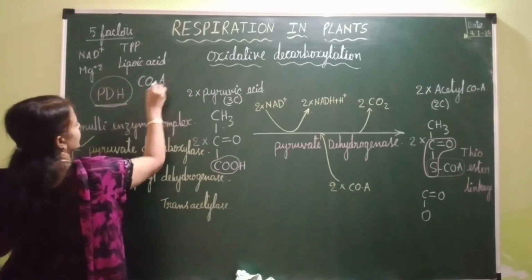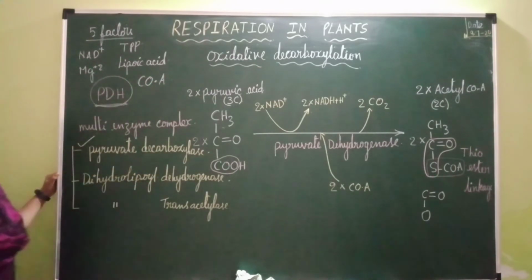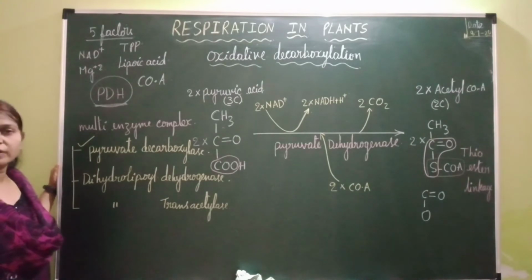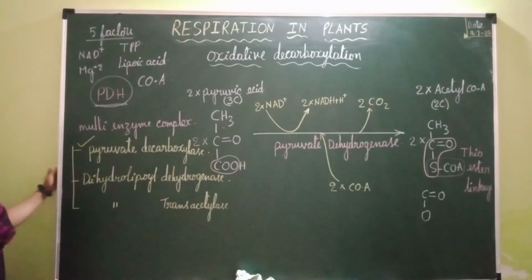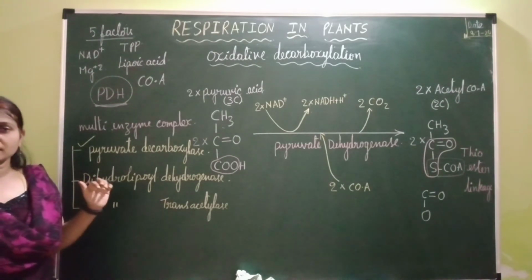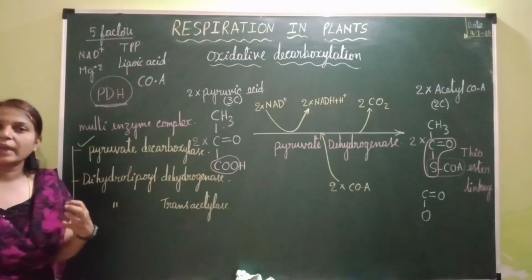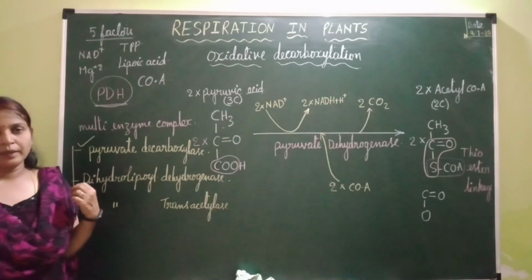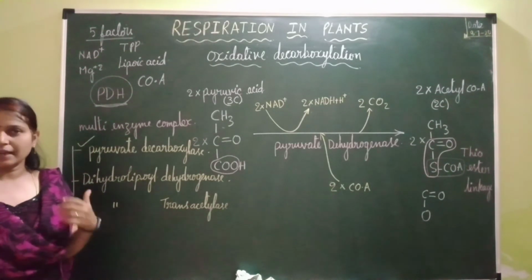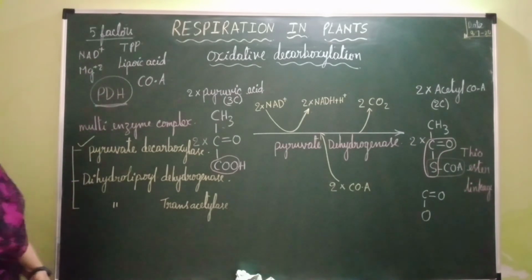These are the five factors required for the activation of this multi-enzyme complex, pyruvate dehydrogenase. This pyruvate dehydrogenase was first isolated from the prokaryotic cell E. coli, and its size is several times more than the size of ribosomes.